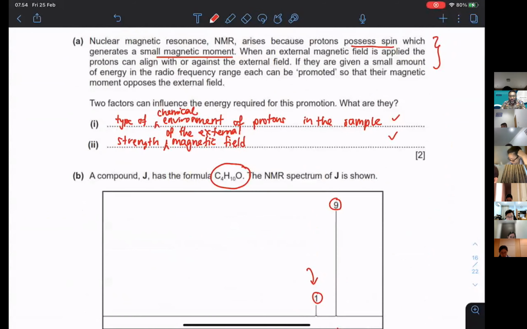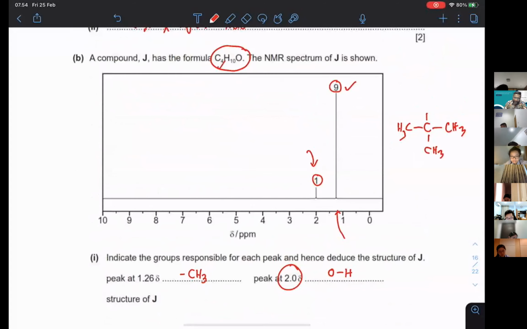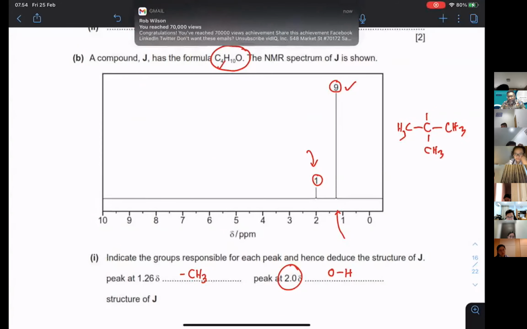And I already know what the structure is. This is 9, so it means that carbon contains CH3 here, CH3 here, CH3 here. Remember 4 carbon, I already satisfy the 4 carbon, and I must have oxygen.